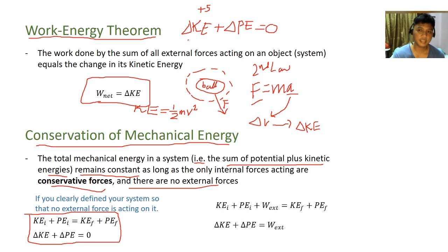Because if that's the only thing that happens in your system, just all of a sudden the object in your system gained speed, then that means it created energy for itself. But energy cannot be created. It can only be transformed from one form into another.